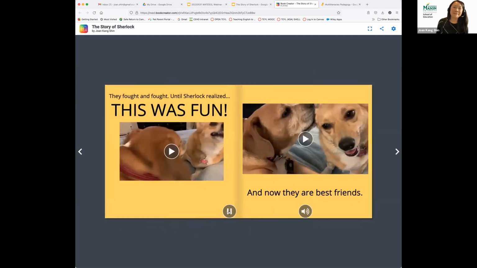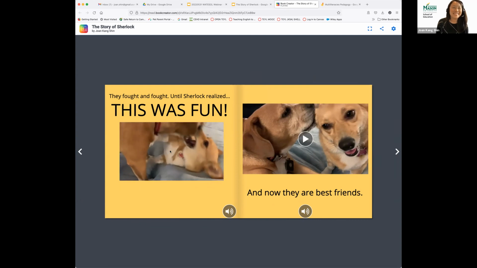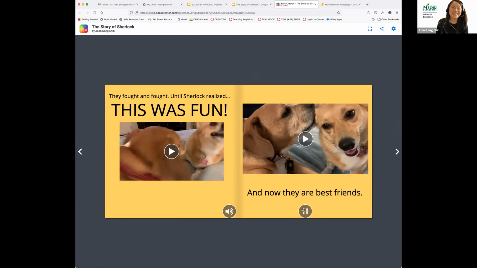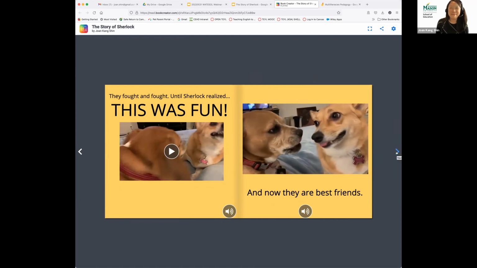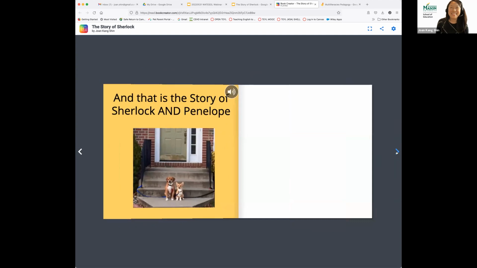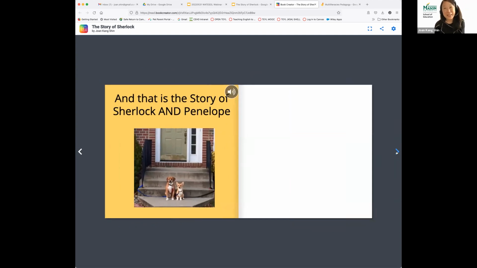They fought and fought until Sherlock realized this was fun. And now they are best friends. And that is the story of Sherlock and Penelope.